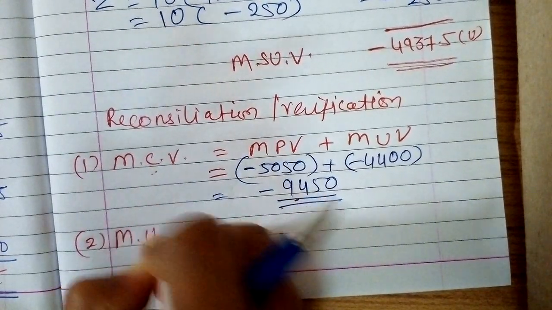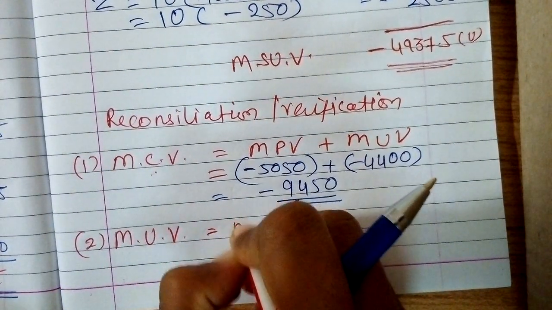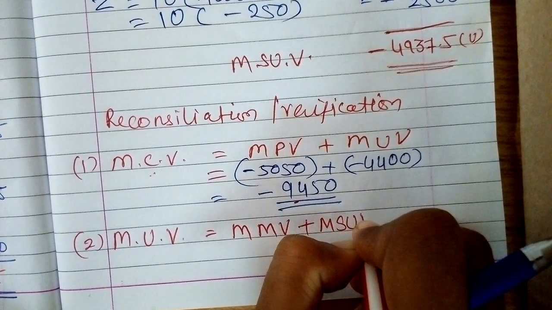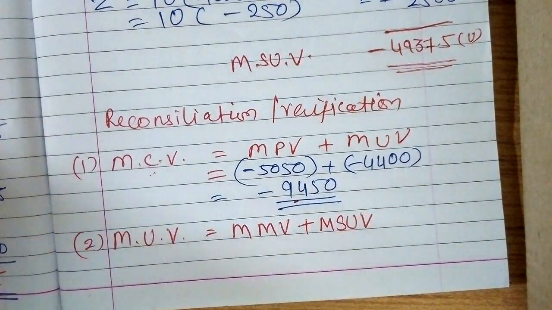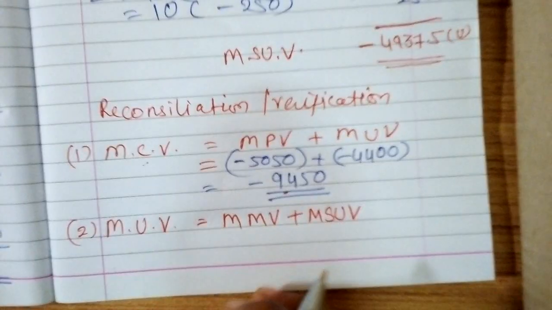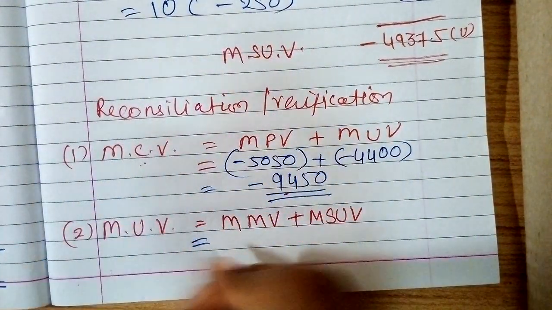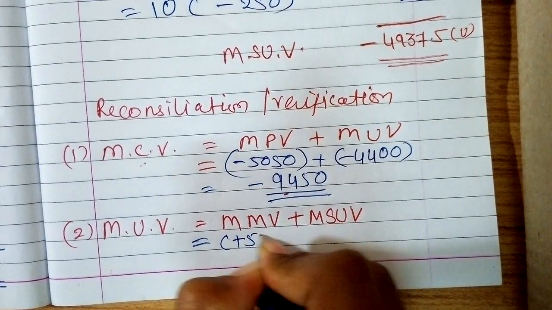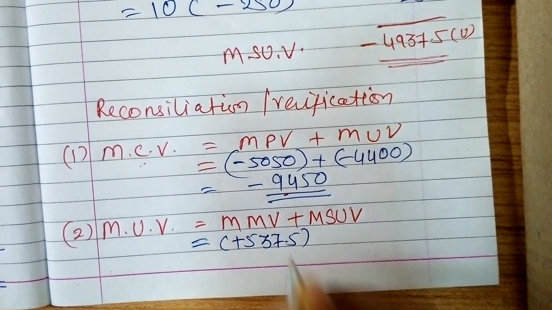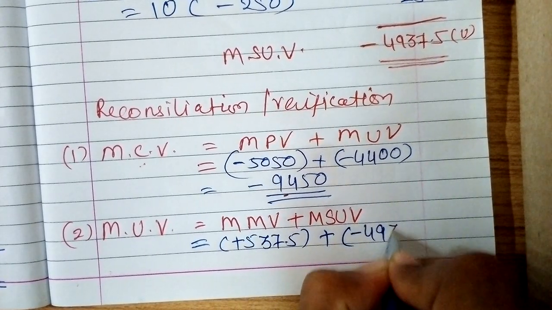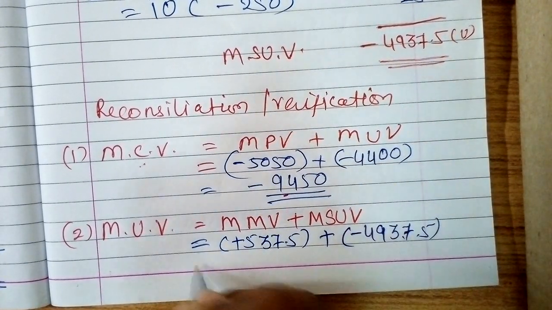And second, reconciliation, MUV equals MMV plus MSUV or MMV plus MYV. So here, as there is no loss, yield variance cannot be found out. So the answer of material mix variance positive 537.5 plus sub usage negative 4937.5.